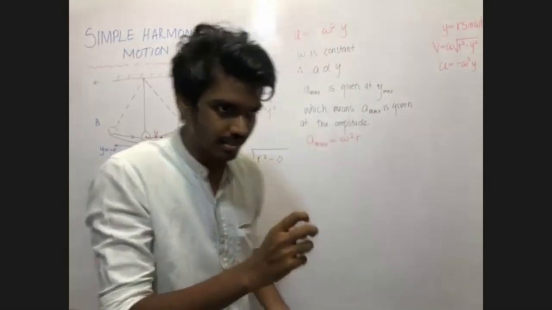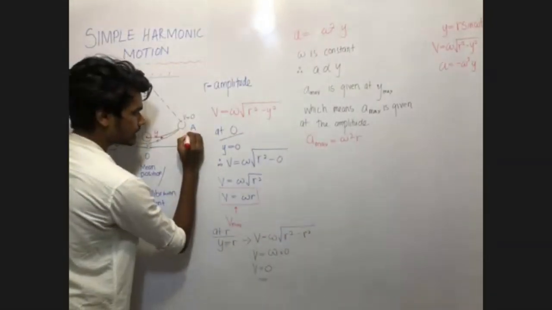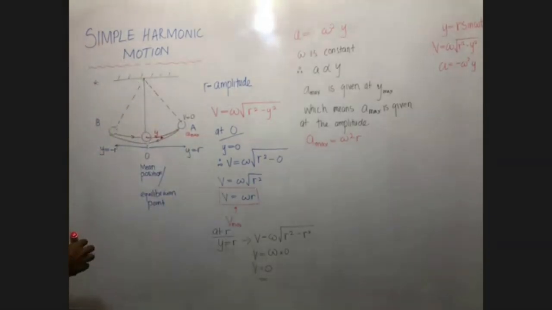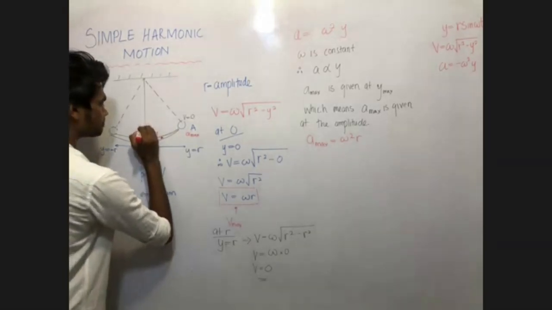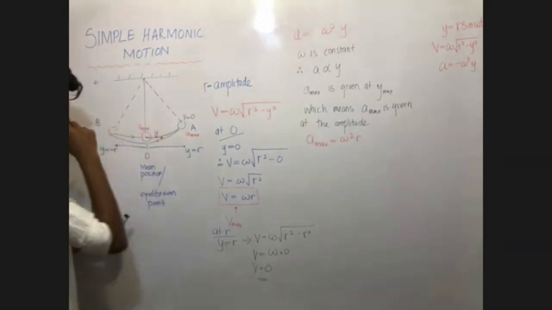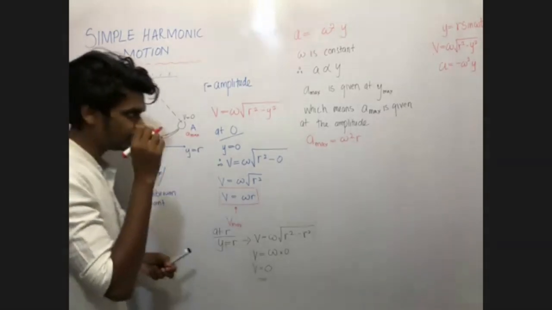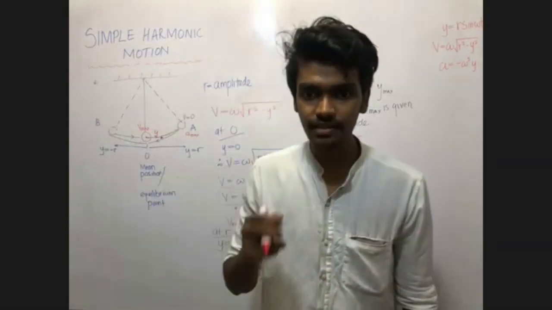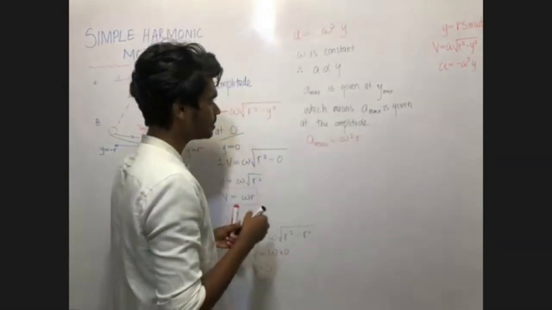The maximum acceleration is given at the amplitude. So we need to see now where the minimum acceleration is given.